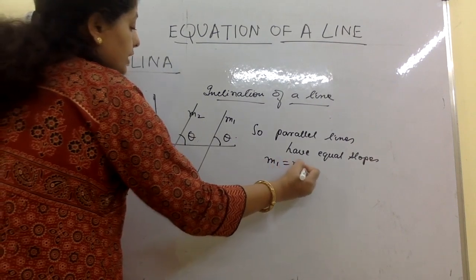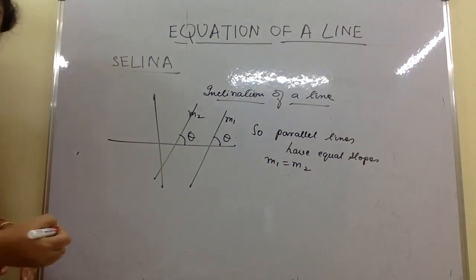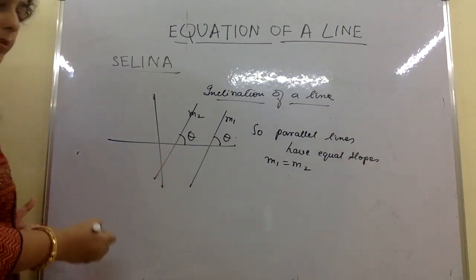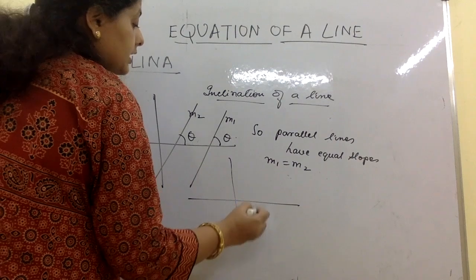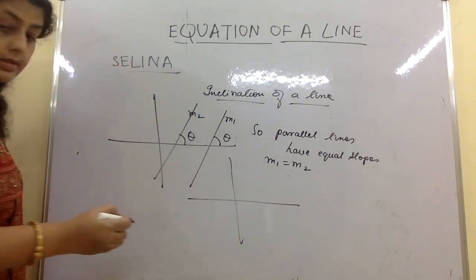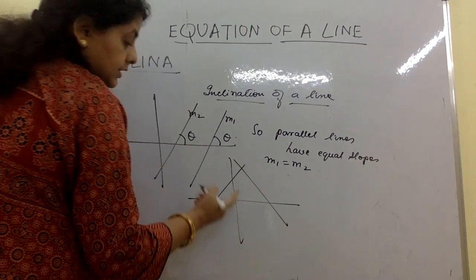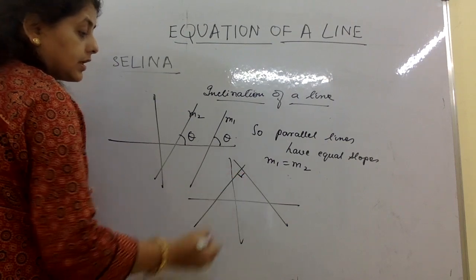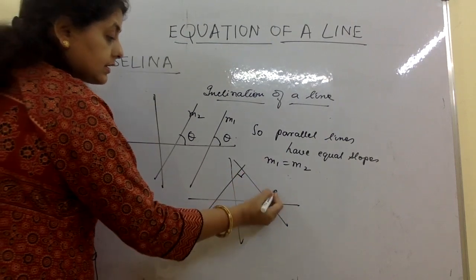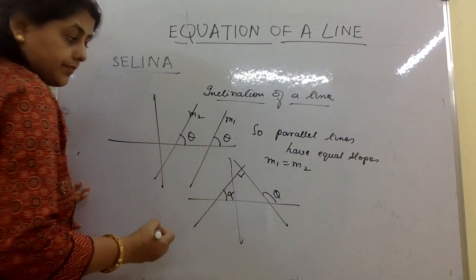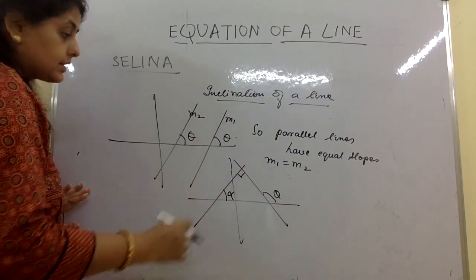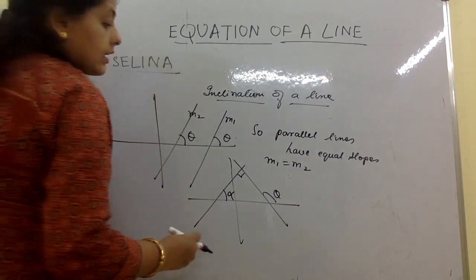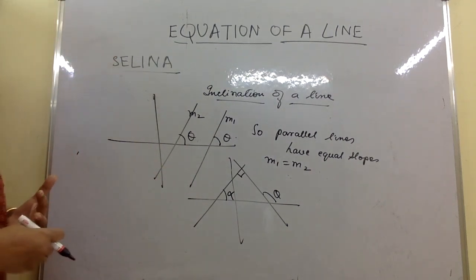But then if the two lines are perpendicular, supposing I have two lines which are perpendicular to one another, note here there is a 90 degree. Now the slope of this line is theta and this is alpha. Remember, we are taking it from the positive direction of the x-axis.